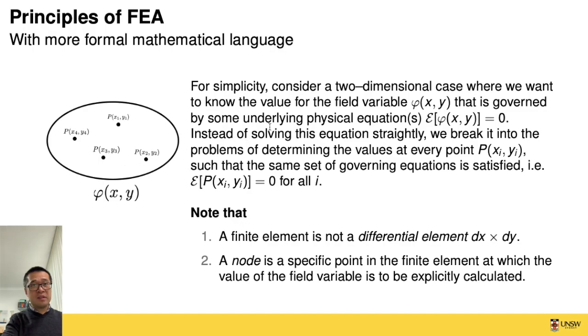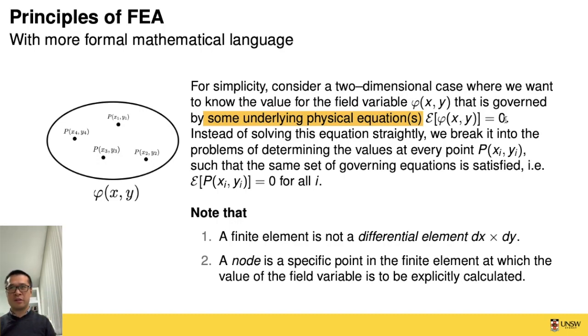Now, this phi value, how do we determine it? It is basically determined by some underlying physical equations. There are some underlying physical equations that tell you how to get to this phi of x, y, and let's call that E, so that phi satisfies the equation E of phi equal to 0.